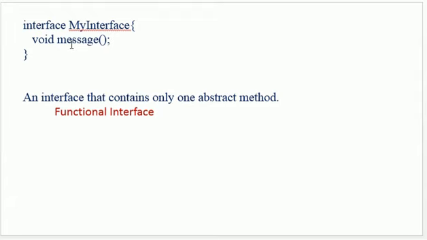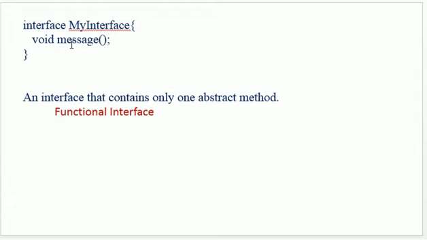Although I can write an interface where a number of methods are there, here in this particular interface only a single method is written. So whenever we are talking about any interface where only a single method is there, we say that it's a functional interface. A functional interface is an interface that contains only one abstract method.